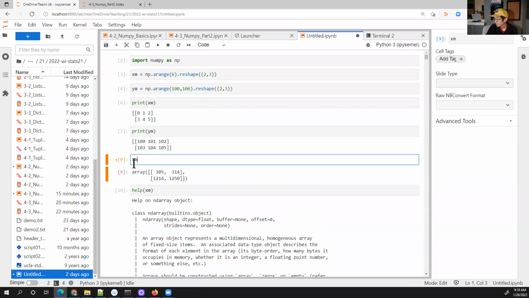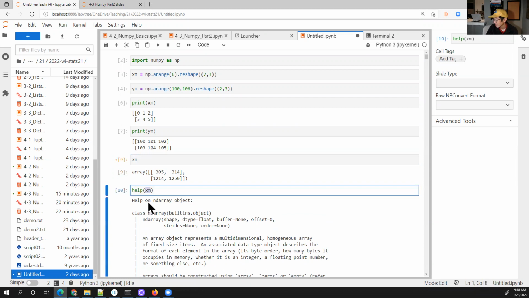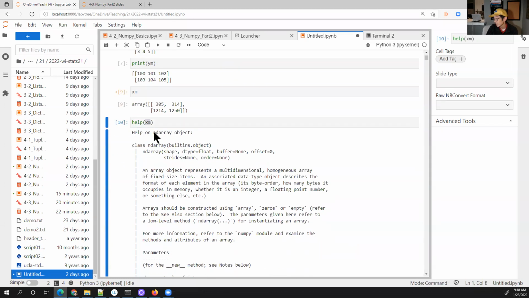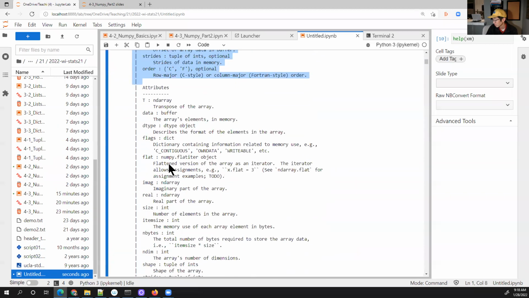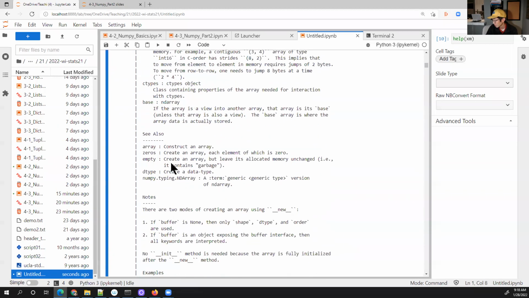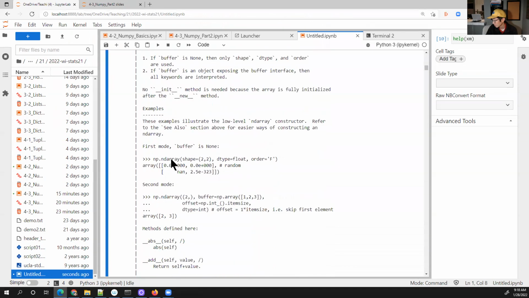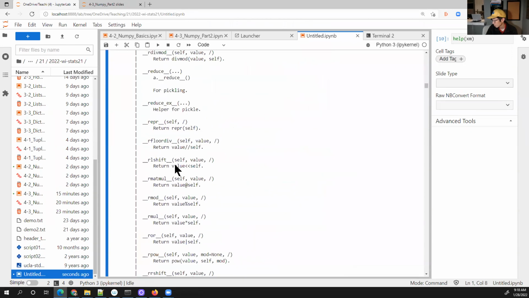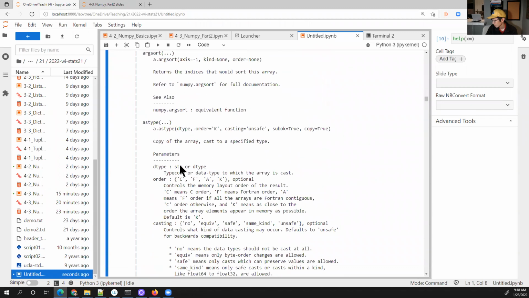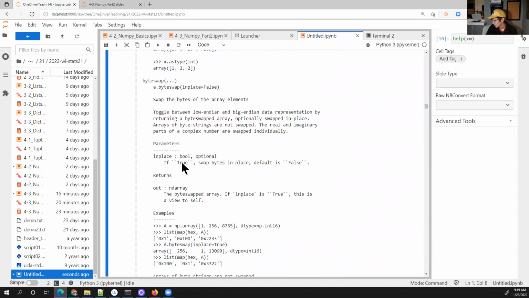Anytime you have an object and you're not sure what you can do, you can ask for help on that, even the object name itself, and Python will recognize this is an ndarray object, and it will tell you these are some of the different things we can do. There's a whole bunch of things.